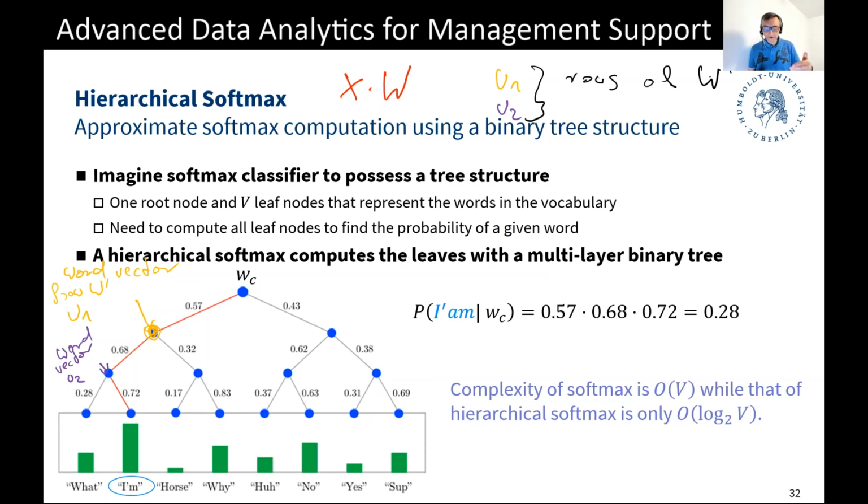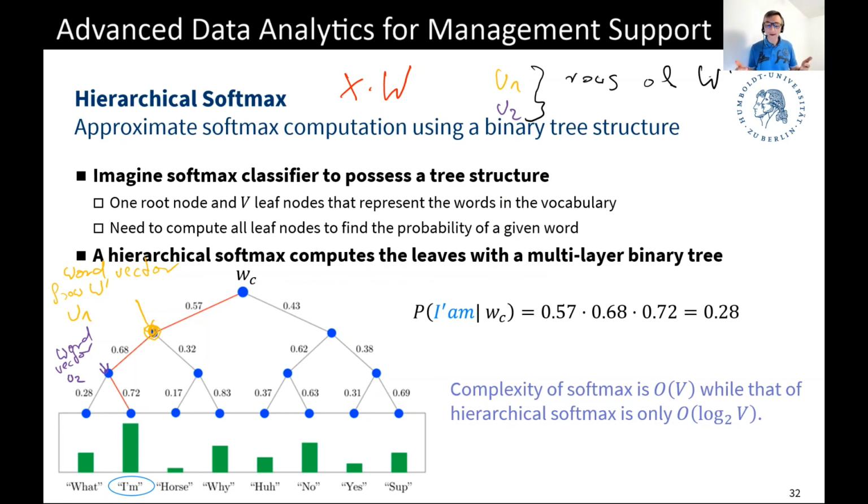The word vectors of all the nodes on the path from input to context word get updated, and obviously also the word vector of the actual input word, WC. So these elements in W also get updated. But only these get updated.